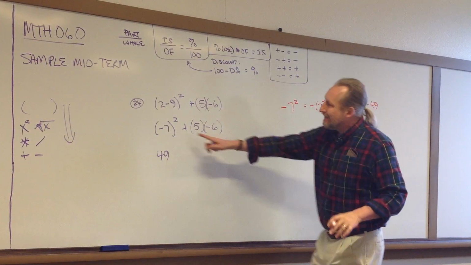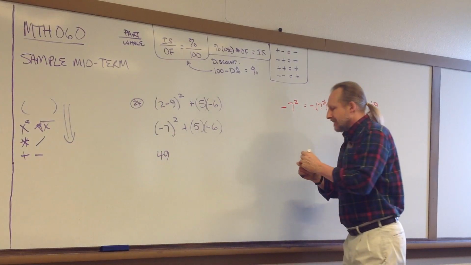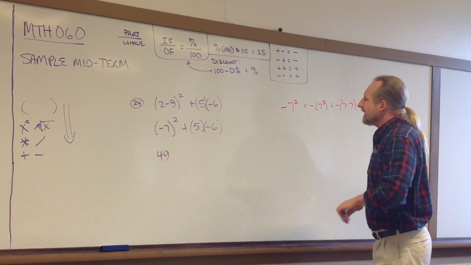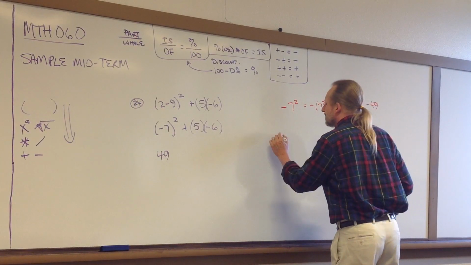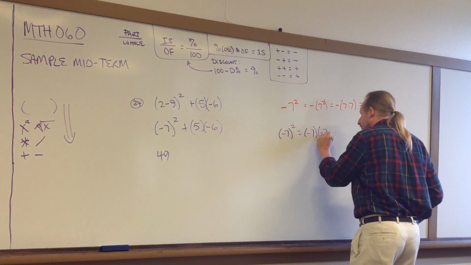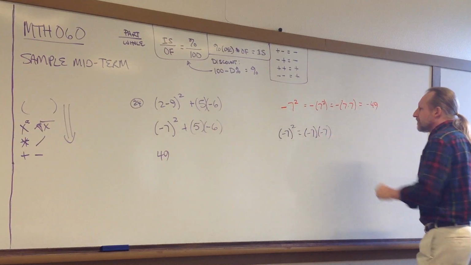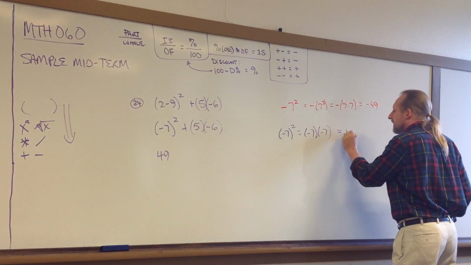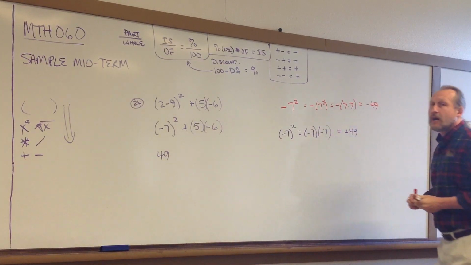But that's not what this is saying. It's saying we want negative 7 times itself. Negative 7 squared is negative 7 times negative 7, negative times negative, positive 49.